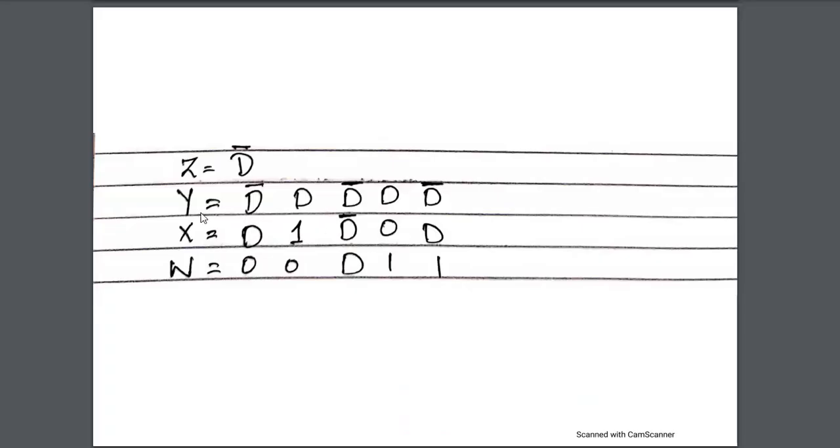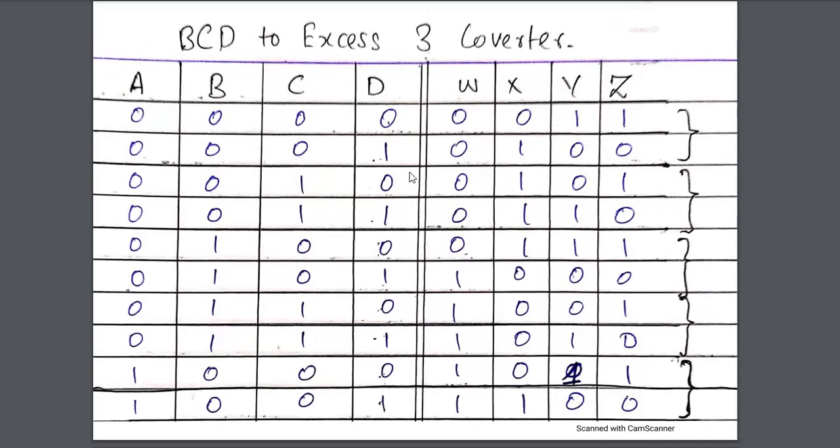Now the logic for Y is D prime, D, D prime, D, D prime. I'll show you how I got to this conclusion. If I divide the outputs in 2's, because a switch can either be on or off, then for Y at first, these 2 inputs are basically the NOT of D. Which means that if D is 0, Y is 1, and if D is 1, Y is 0, no matter what the output right here is.